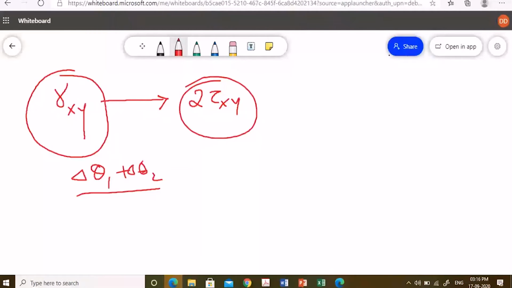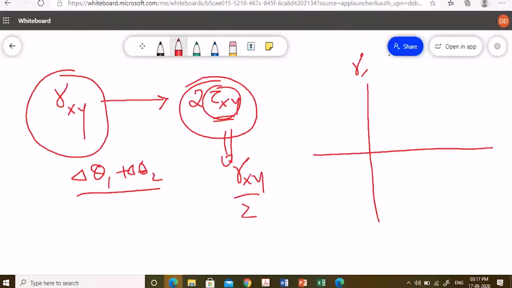So wherever tau xy is given, you will replace it by gamma xy by 2. So the axis will become gamma by 2, and this is epsilon n. So this is the normal strain, and here it is gamma by 2. Other everything remains the same.